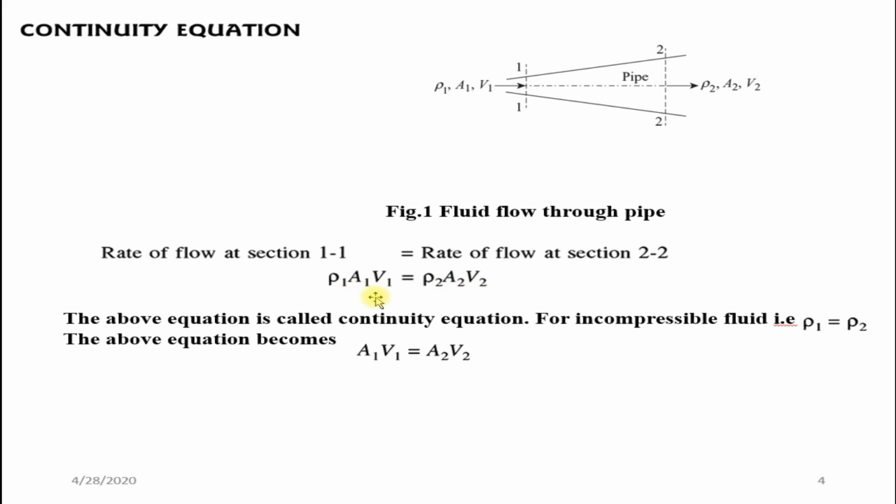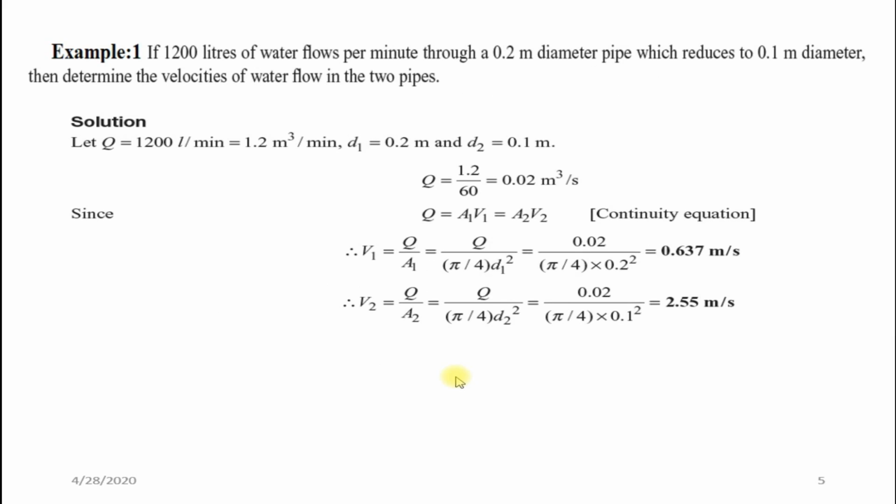Rho 1 A1 V1 is equal to rho 2 A2 V2. If the fluid is incompressible, generally we will assume for a fluid the density remains same. Density rho 1 is equal to rho 2. Therefore, this continuity equation becomes A1 V1 equal to A2 V2. With this formula, we will solve problems on continuity equation.